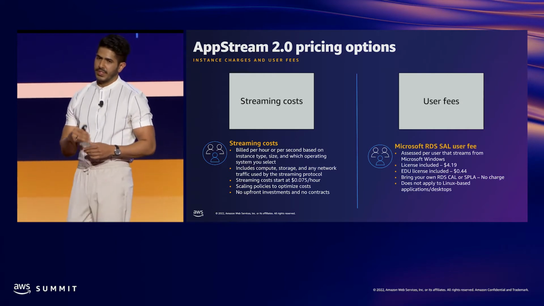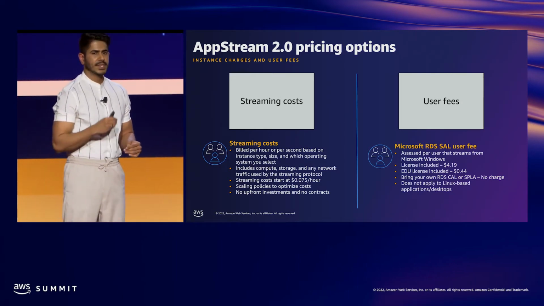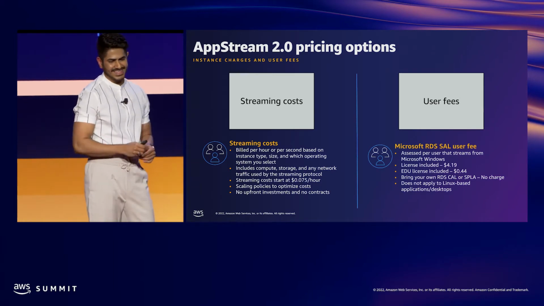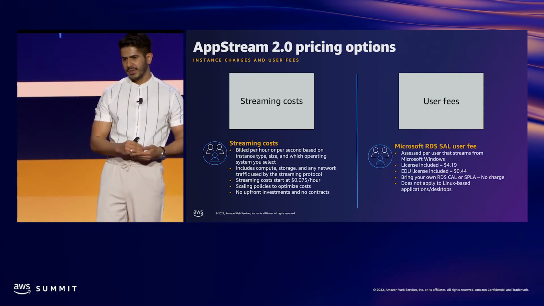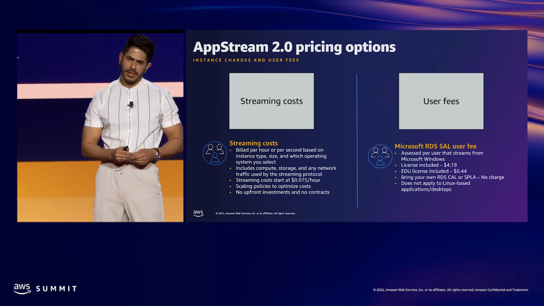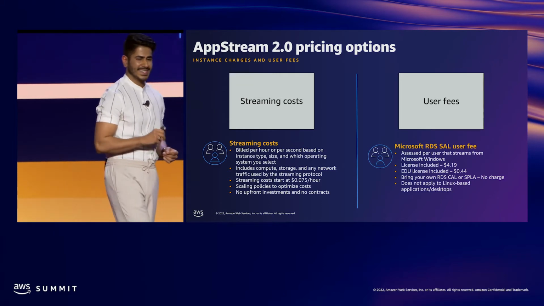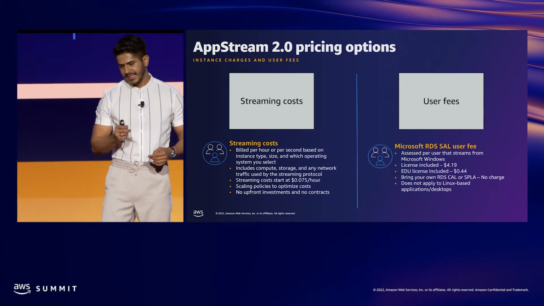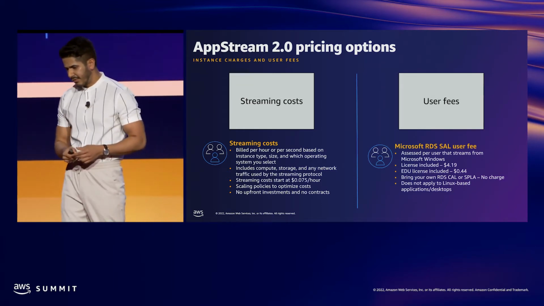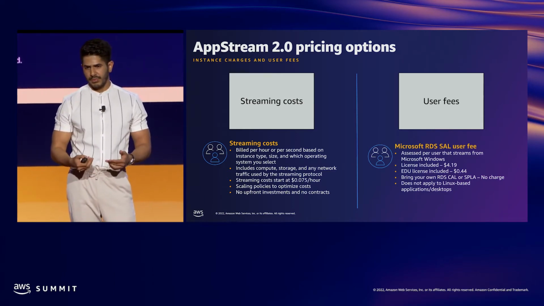And the other is user fees. This is applicable for Windows AppStream instances, where if a user connects to their AppStream instance even once during a given month, they would be charged $4.19 for RDS SAL fees. Now, some flexibility here is if you already have your own RDS SAL licenses, we do allow customers to bring your own licenses.